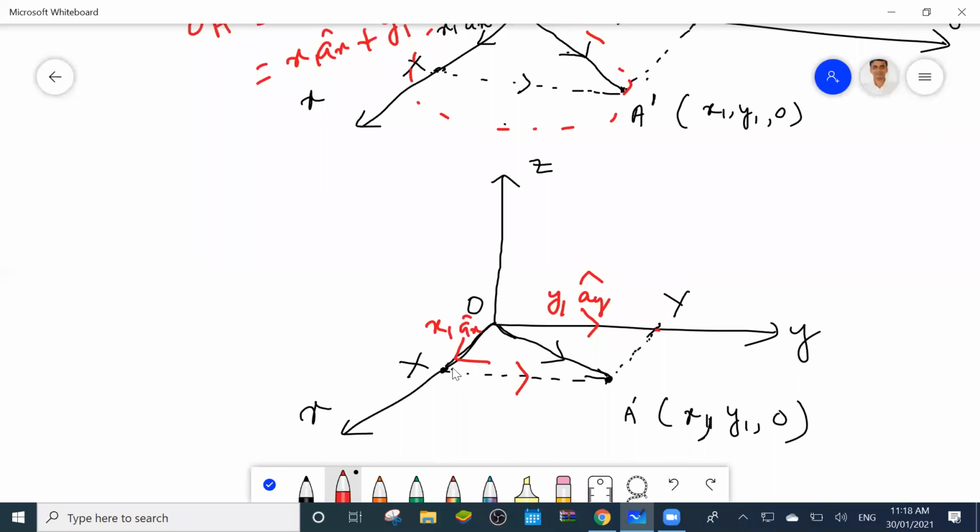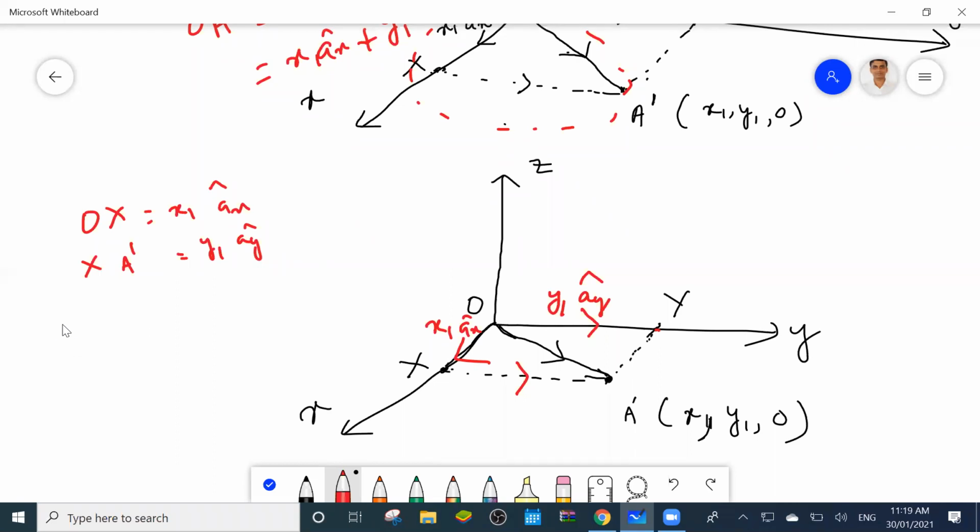So now it is a triangle law. You have to apply the triangle law of vector addition. OX is here, you got x1 ax cap. And XA dash you got y1 ay cap, because OY and XA dash are parallel, with same magnitude and same direction.